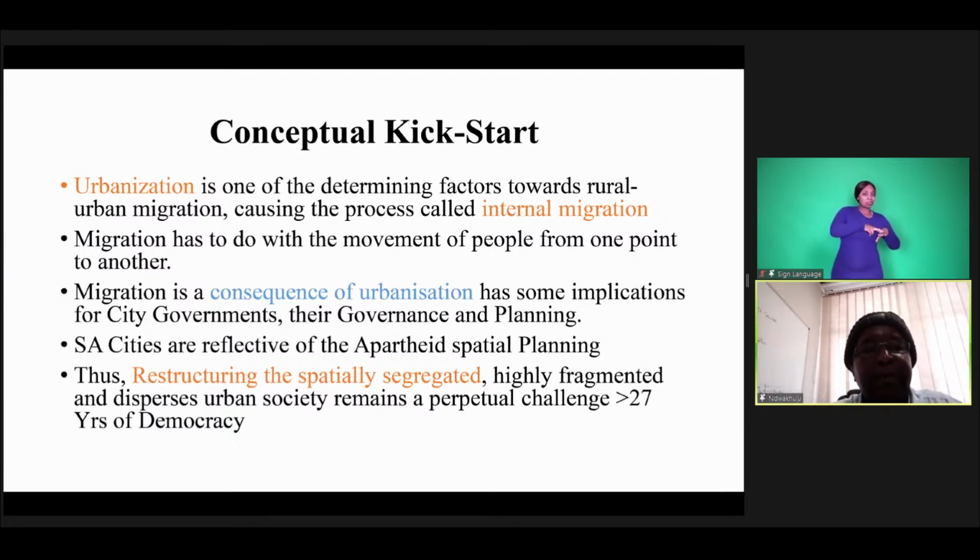I mean, envisaging the city as the center, while the periphery is meant for certain groupings. And it is important to restructure this spatially segregated, highly fragmented space, so that we are able to create a society which is not only inclusive, but which is able to cater developmentally for its own people. And after 27 years of democracy, we still have that particular problem. Next slide, please.